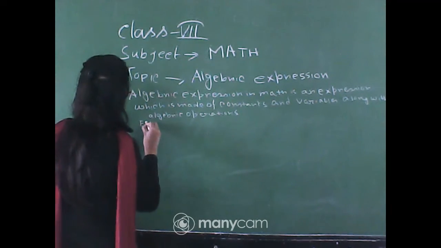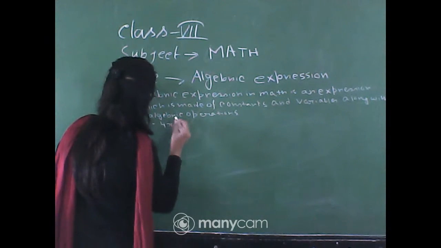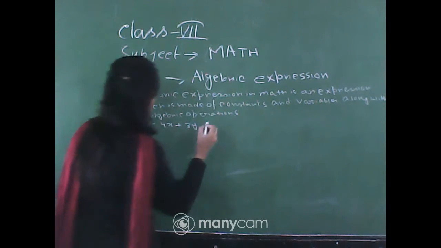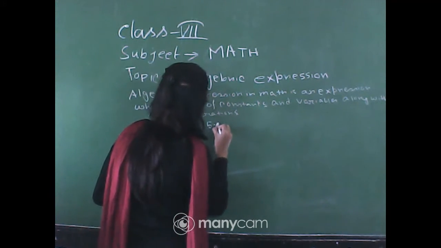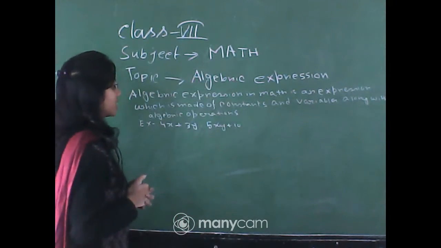Examples of algebraic expressions are 4x square, 4x plus 3y, 5xy plus 10. These all are algebraic expressions.